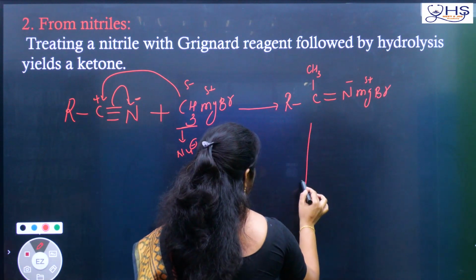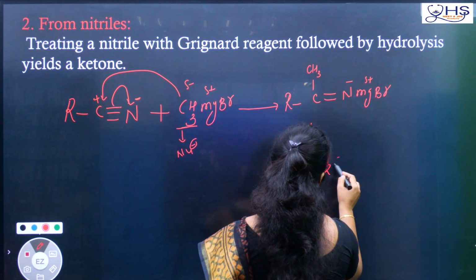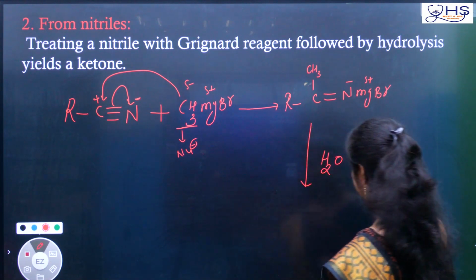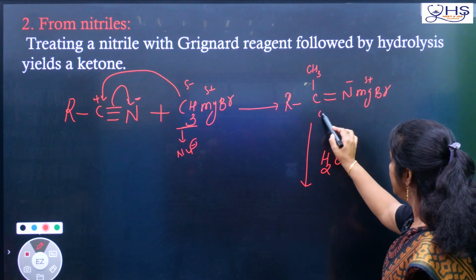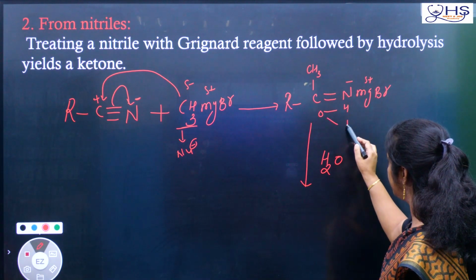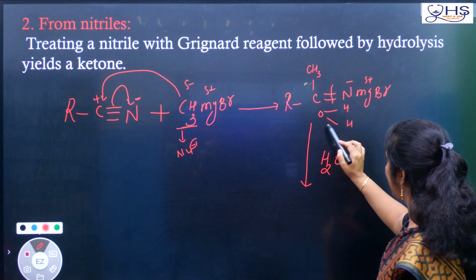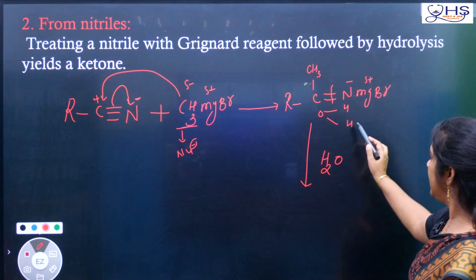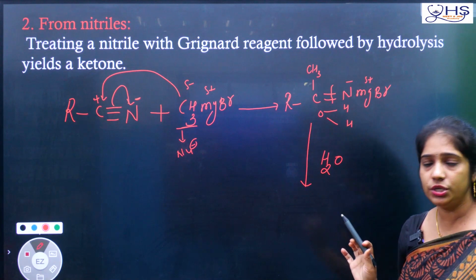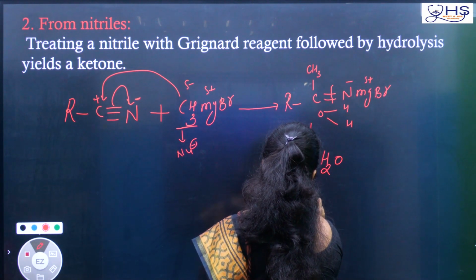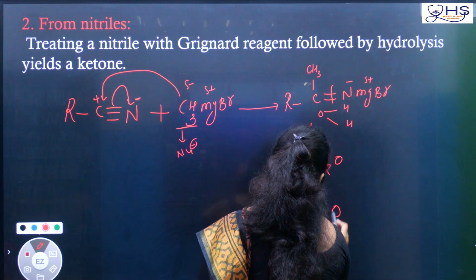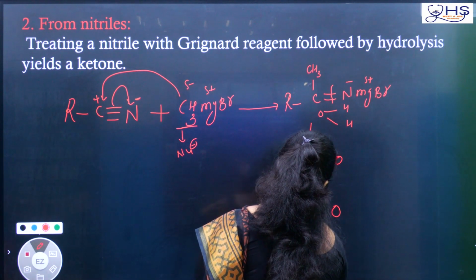Now you do the hydrolysis. Hydrolysis means oxygen with hydrogen, hydrogen. So break both the bonds and give oxygen to the carbon and hydrogen to the nitrogen. The byproduct you don't need to write. So our product is R C CH3 double bond O, which is a ketone.